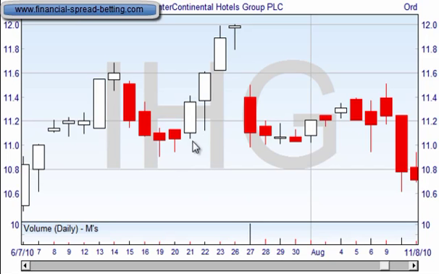And then we have the solid body, which, if this was a candle in real life, you would say was the wax body, the round cylindrical body of the candle. But a Japanese candle, in the sense of trading, represents so much more than that.